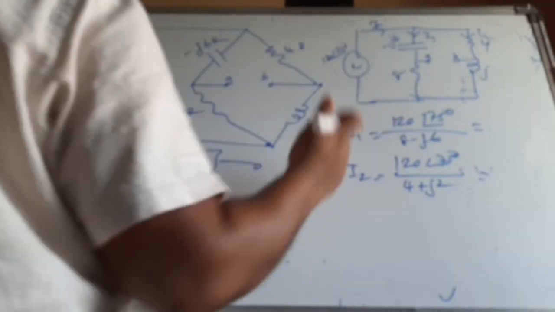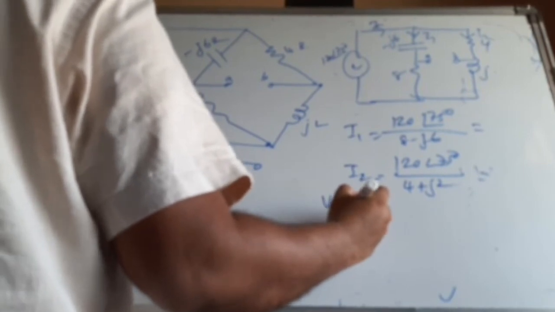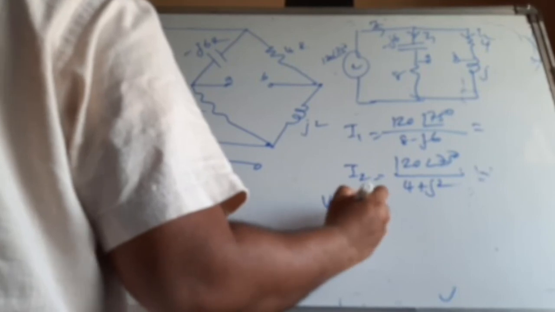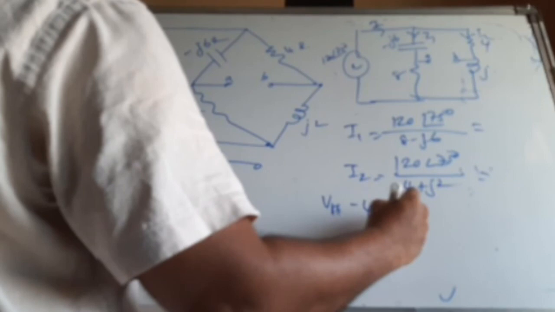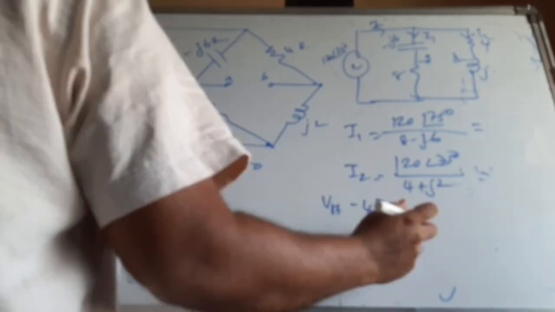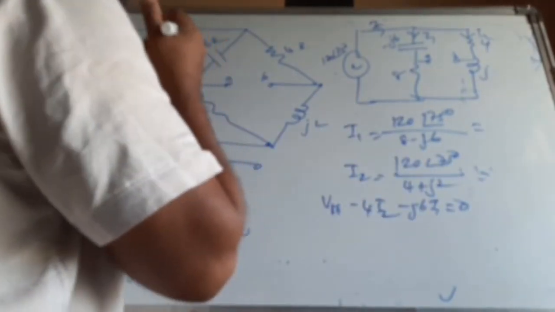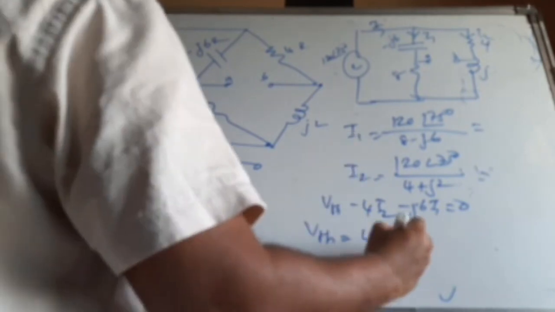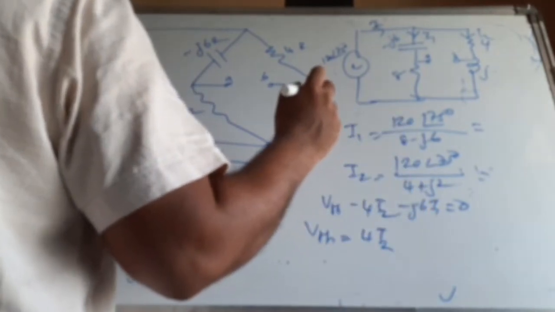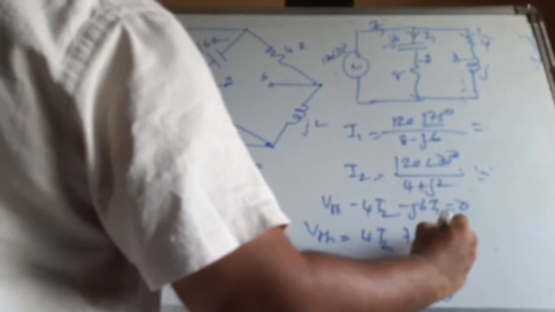Apply it in the loop: VTH minus I2 (as given in the diagram) I2 minus 6J, minus VTH equal to 4 plus 3.